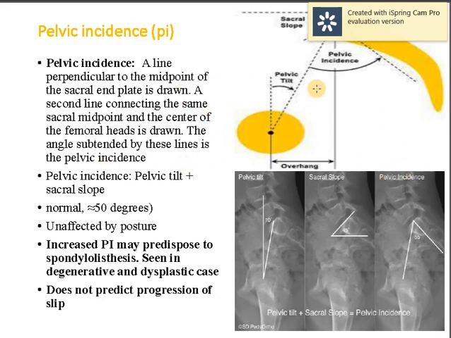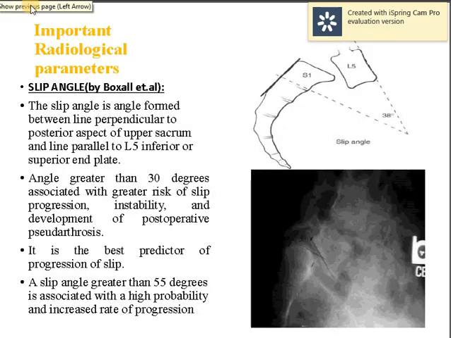So do not get confused, or do not go into too much complication. Just remember the indicators for how we measure. One is the slip angle, which we have already seen, how it is formed by these lines, 30 degrees.